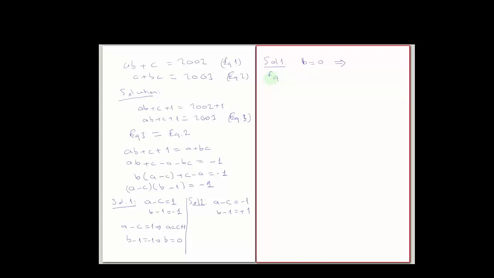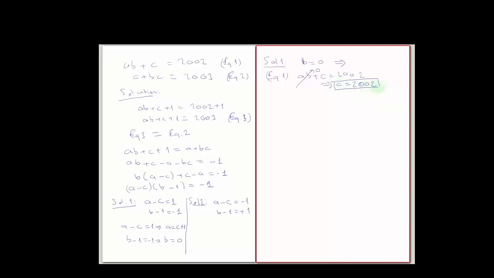From equation 1, if you write it down here again, AB plus C equals 2002. Since B is 0, this goes to 0, then we can write that C is equal to 2002.